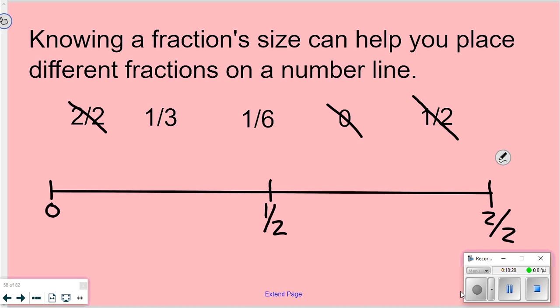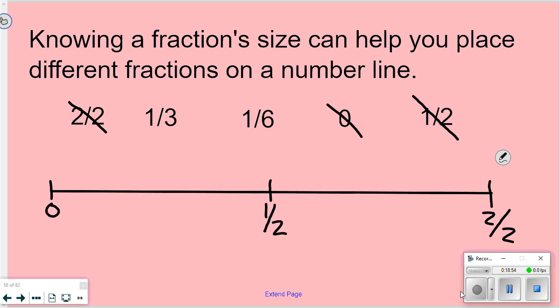Let's start with 1/6. Is 1/6 going to be bigger than 0? Yes. Is 1/6 going to be bigger than 1/2? No. So is 1/6 going to go over here? No. So we know it's going over here. Now we got to think about the piece size. Think about your 1/6 piece.